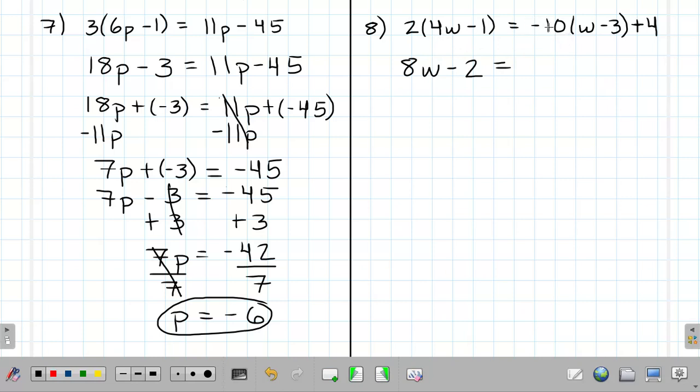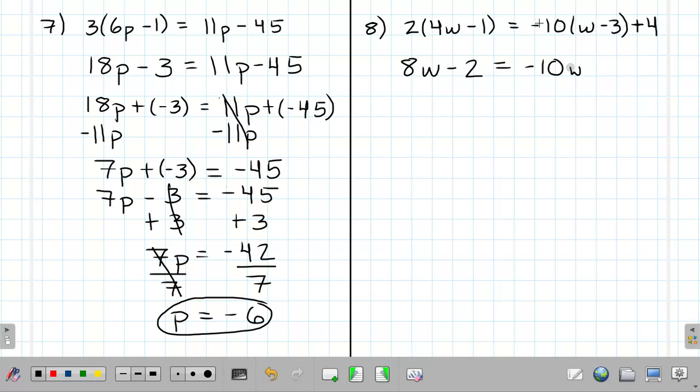Right-hand side, a little harder because we have this negative here, but negative 10 times w is negative 10w. And I'm going to take a little shortcut here, okay? So try to follow along with me. I've got a negative 10 that I'm going to distribute. Well, I have minus 3 in here. Well, we know 10 times 3 is 30.